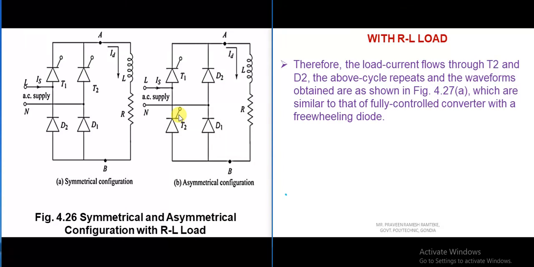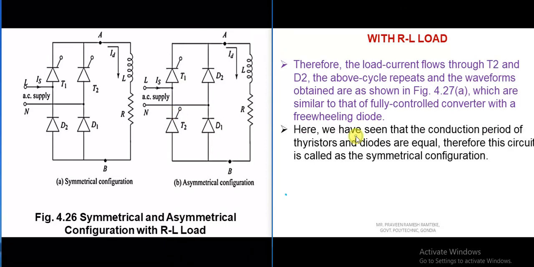So in this asymmetrical configuration with half controlled action, there is no need of connecting an additional diode in parallel with the inductive load. Here we have seen that the conduction period of SCRs and diodes are equal. Therefore, this circuit is called a symmetrical configuration.